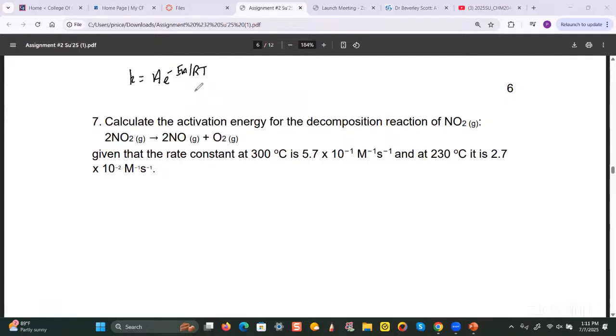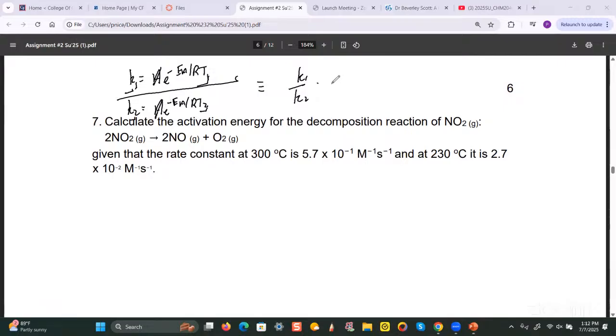Let's say that at T1, the rate constant is k1, and at T2, k2 is equal to A e to the minus EA over RT2. So let's divide these two. What are we going to get? We're going to get k1 divided by k2, and the A's are going to cancel out.